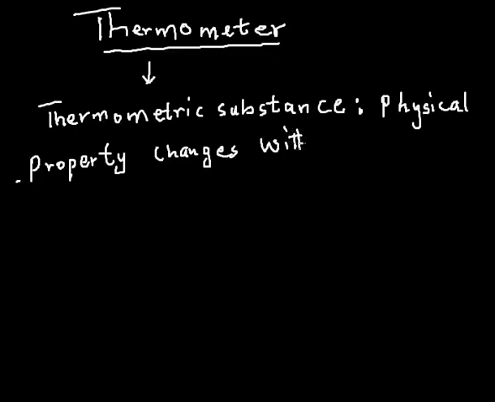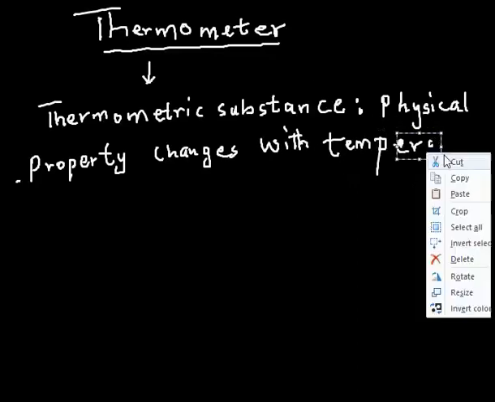So there's something about that substance that changes. That's the physical property of that substance that changes with the change in temperature. So anytime temperature changes, that property changes. So we can utilize the change of that property.